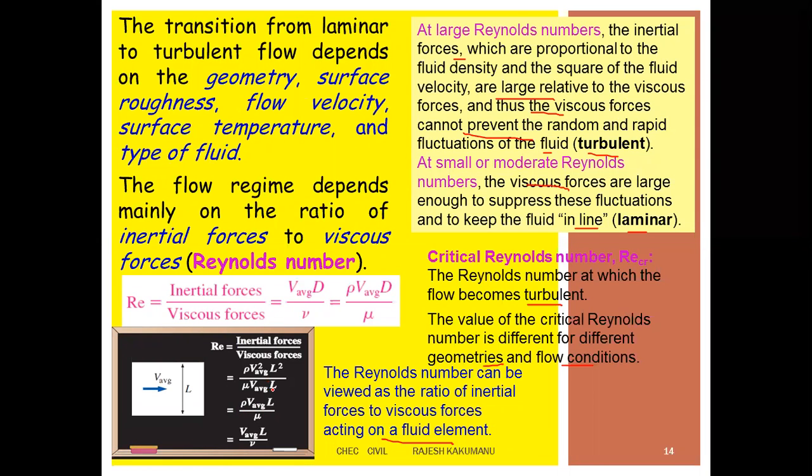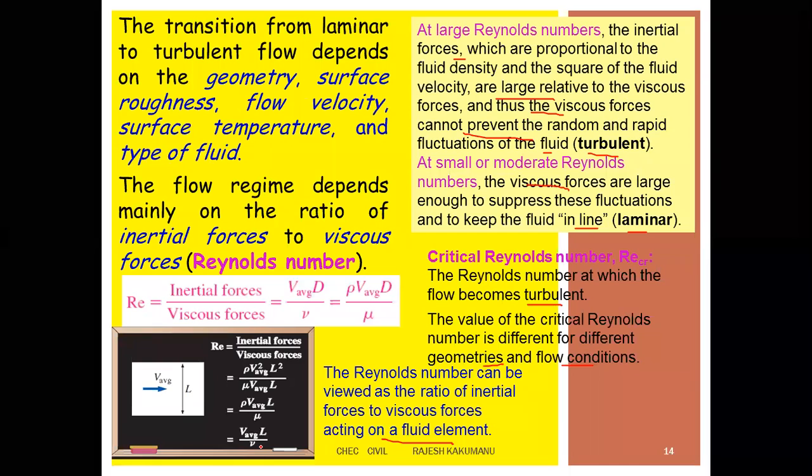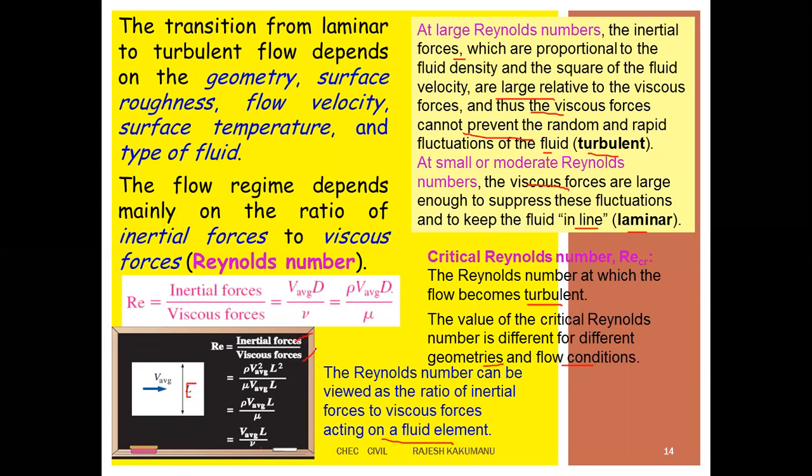So cancelling L square and V average, we get V average L divided by mu. So L ikkada diameter teesukunnadu, here just D is the diameter. You can take anything, but the only thing is the ratio of inertial forces to the viscous forces. Re is equal to inertia forces divided by viscous forces, right?